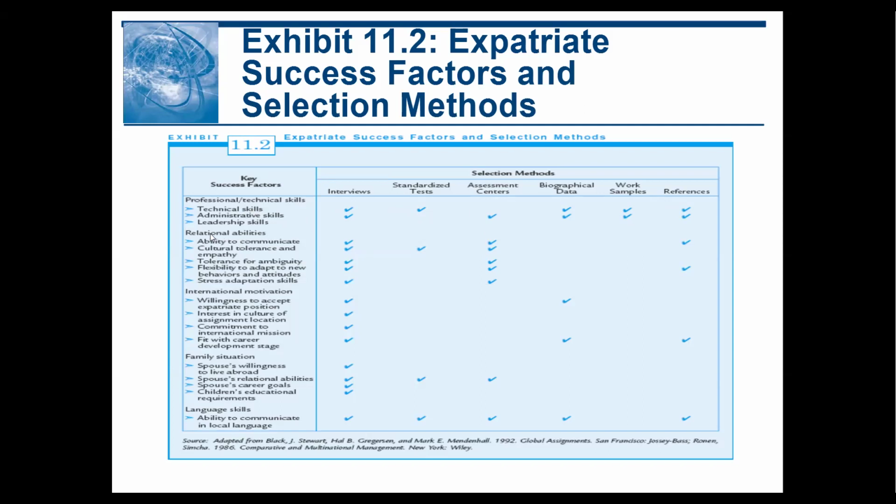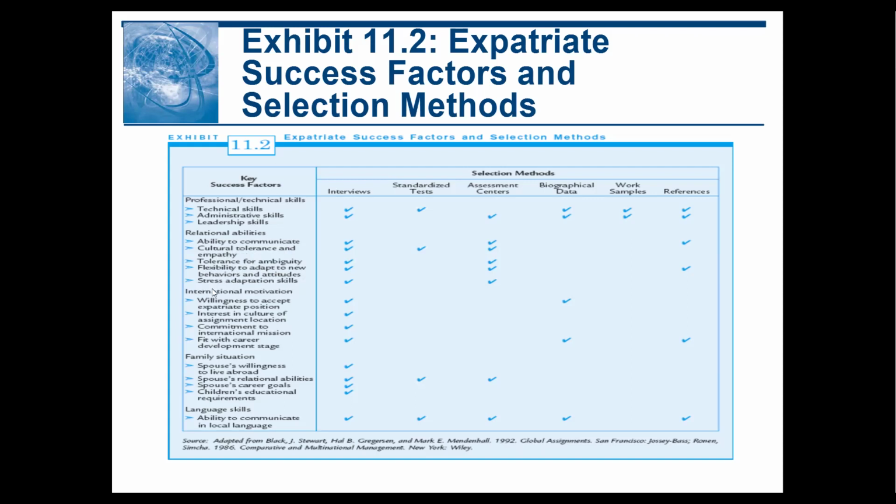Relational ability is also most important. Under relational abilities, we need to measure the ability to communicate, cultural tolerance and empathy, and tolerance for ambiguity. Ambiguity means it is not clear what the goal or objectives are. Also flexibility to adapt to new behaviors and attitudes, and stress adaptation skills.